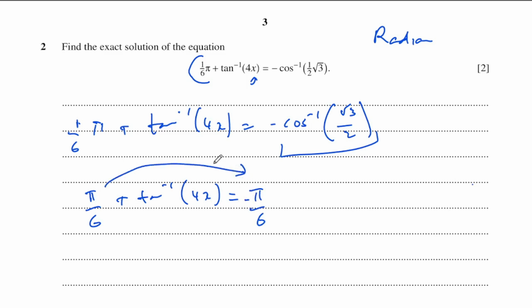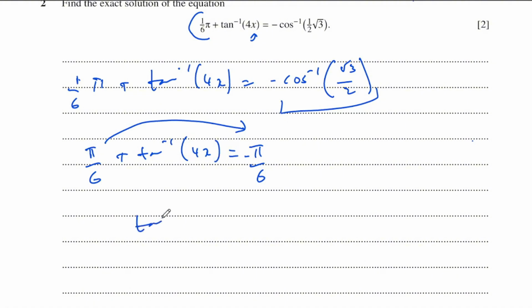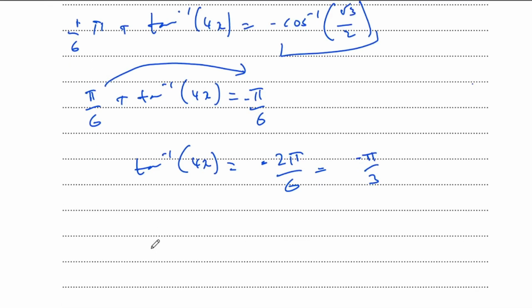Take this to the other side, and this becomes tan inverse of 4x equals negative 2 pi over 6, because negative pi over 6 minus pi over 6 is negative 2 pi over 6, or just negative pi over 3. That equals tan inverse of 4x. Therefore, if you apply tan on both sides, we get 4x equals tan of negative pi over 3.